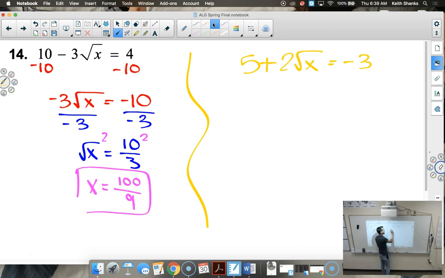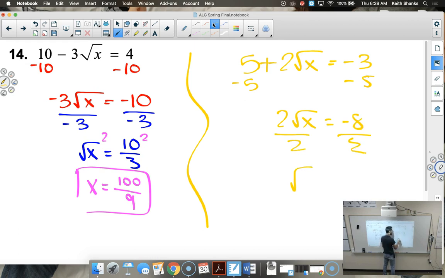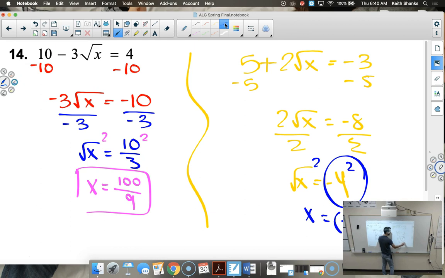Okay, so I would subtract 5 from both sides, divide by 2, and I get the square root of x equals negative 4. I want you guys to see this, and recognize that it's okay to have a negative here, because the next step I'm going to square. What I would want you to be careful of is that when I punch this in on my calculator, it's negative 4 squared, which equals 16.